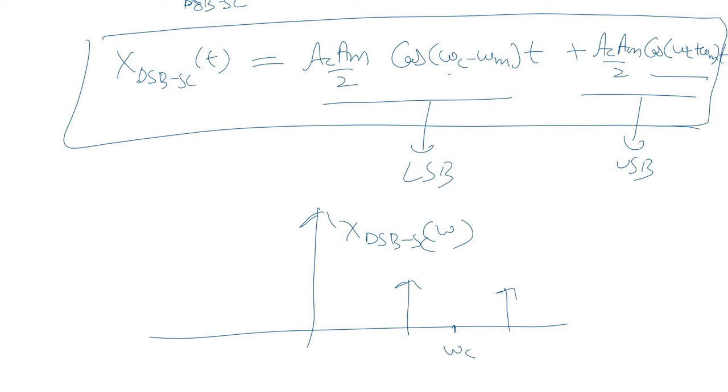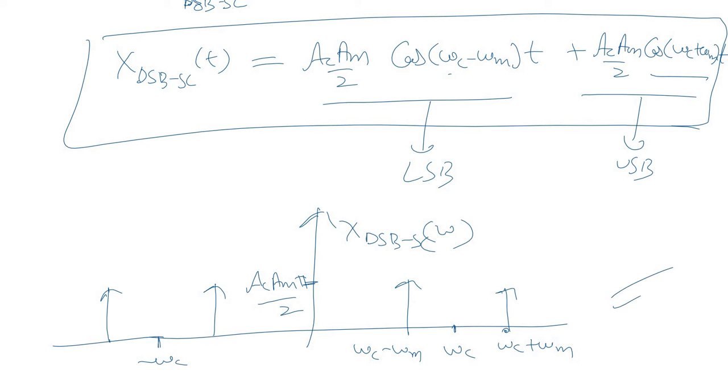If this is omega c, this is omega c plus omega m, this point would be omega c minus omega m, and the amplitude would be Ac Am pi by 2. And similarly we'll have the components on the negative frequency counterpart, right? So this is the spectrum, and again you can see there is only upper sideband and the lower sideband, and there is no carrier signal present in it.